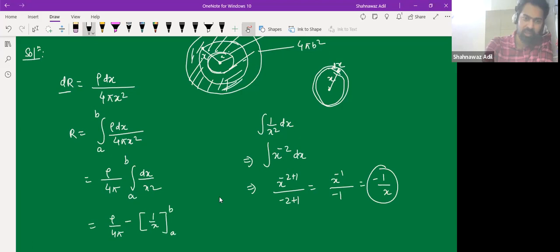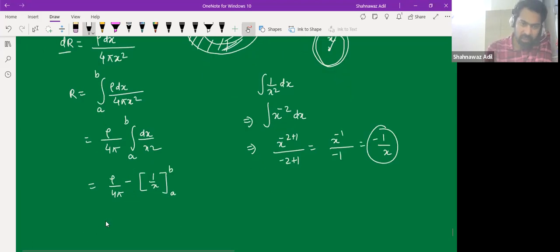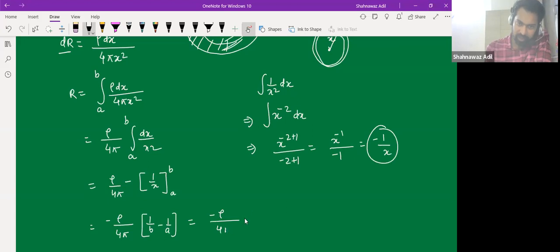Then this is minus of rho by 4 pi times (1 by b minus 1 by a). So this would be minus rho by 4 pi times (a minus b) divided by ab.